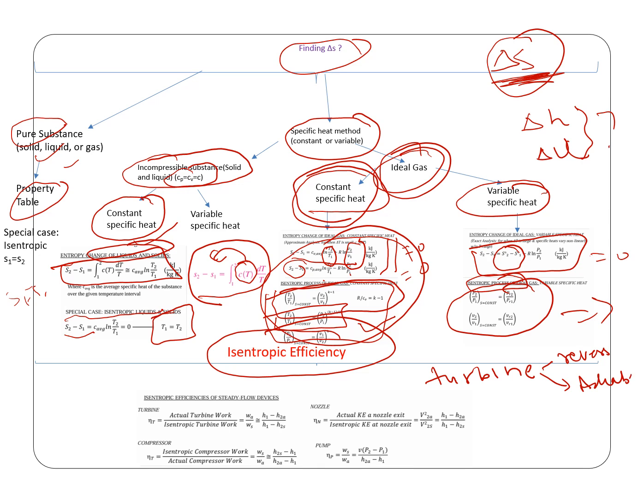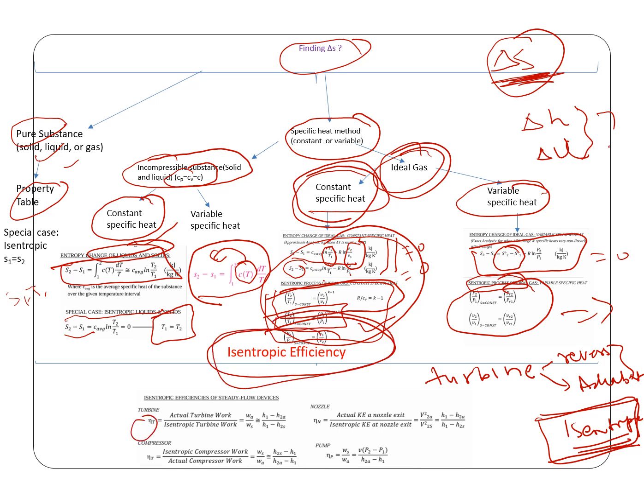When it is reversible and adiabatic, it becomes isentropic. So now this is just the ideal case. Now how is the actual turbine performing as compared to the isentropic case? That is given by the isentropic efficiency.